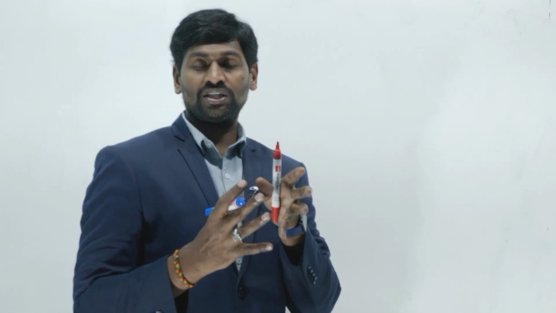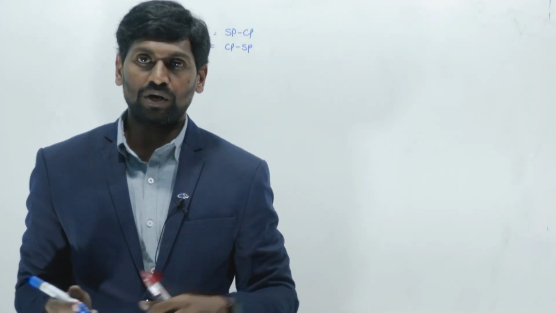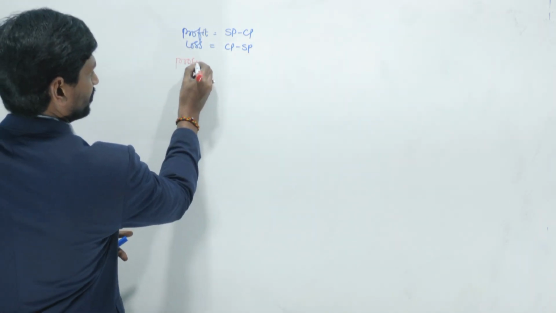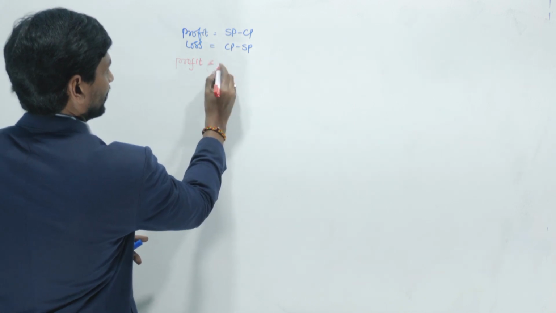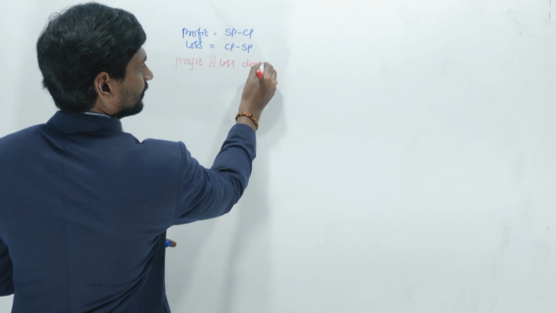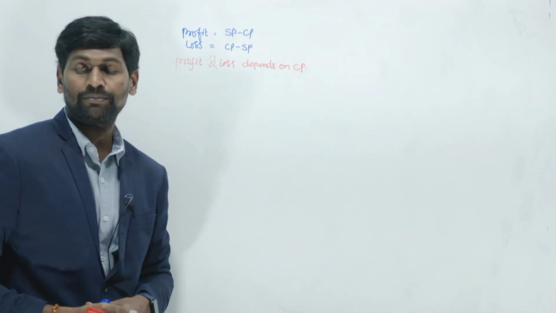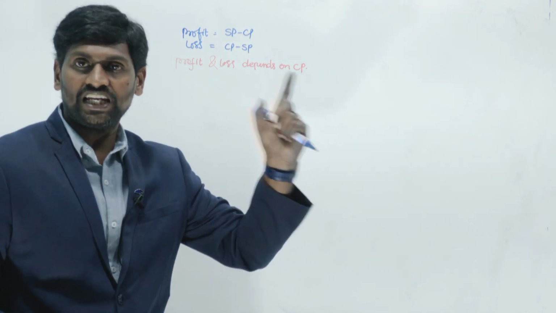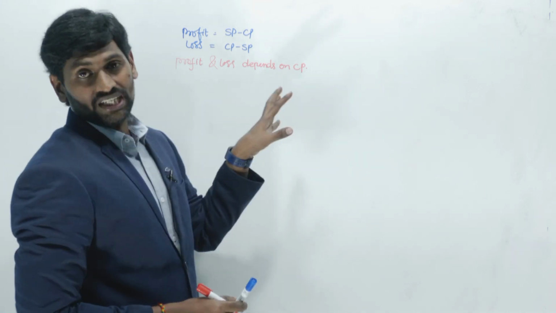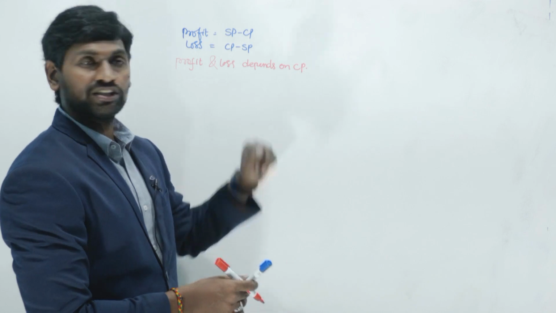Profit and loss depend on cost price. CP means cost price, SP means selling price. That means to calculate profit percentage and loss percentage also, we should consider cost price.